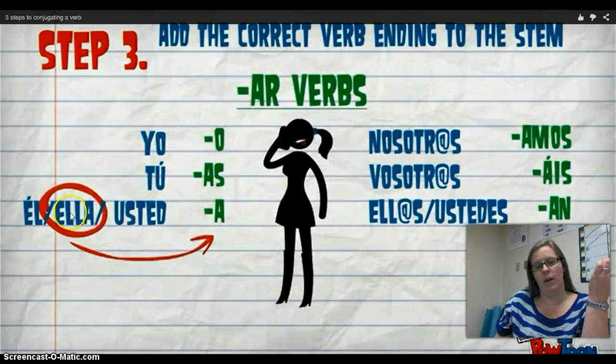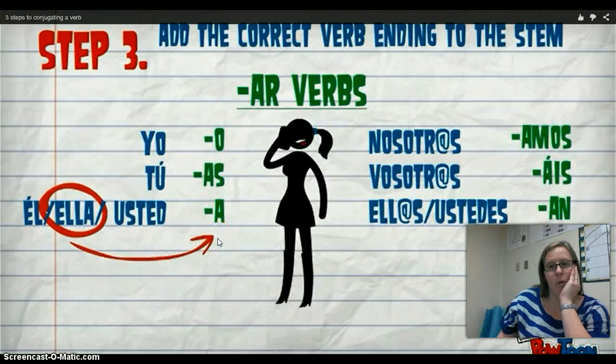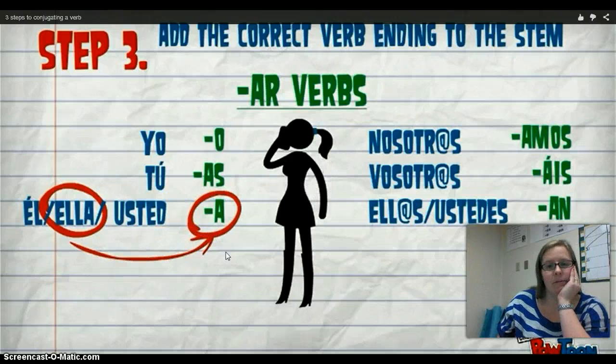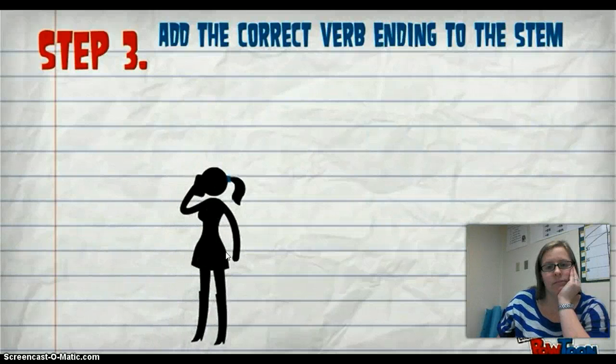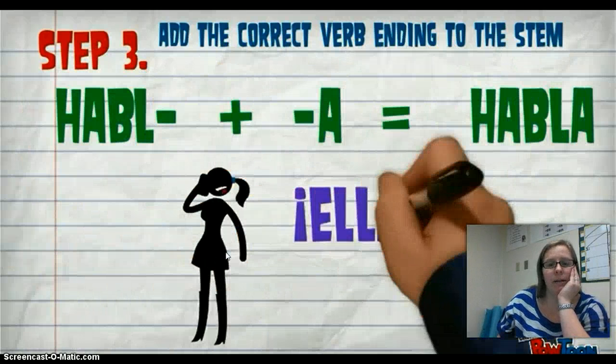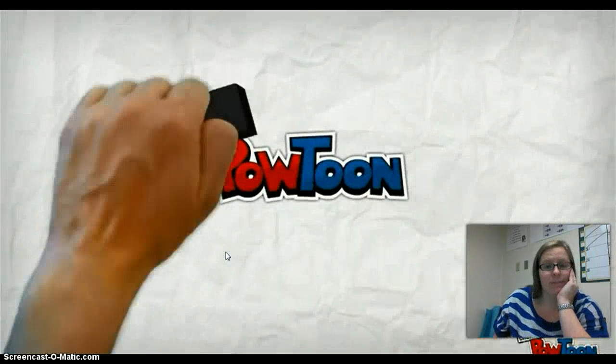We know that ella is in this box. That's the ending that goes with her. So what we're going to do is add that ending to the stem. So we have habl plus a is habla. Ella habla. And that's it.